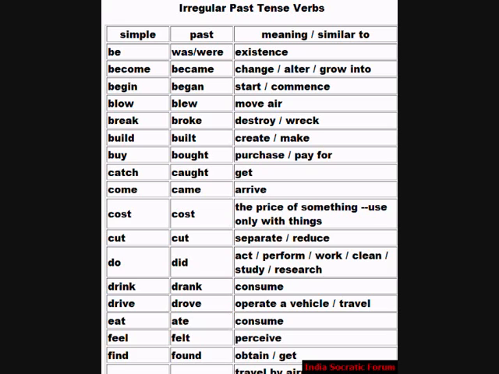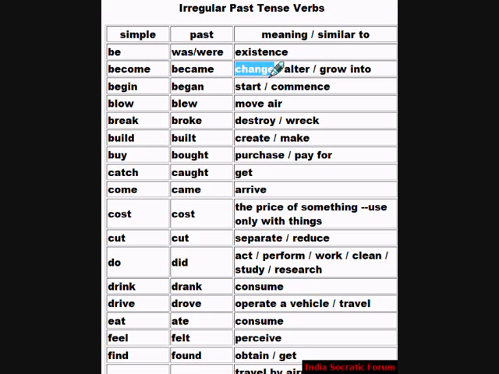Irregular past tense verbs. Please write it down: the simple tense, the past tense, and the meaning. For example, become. The past tense is became. What is the meaning of the word become?